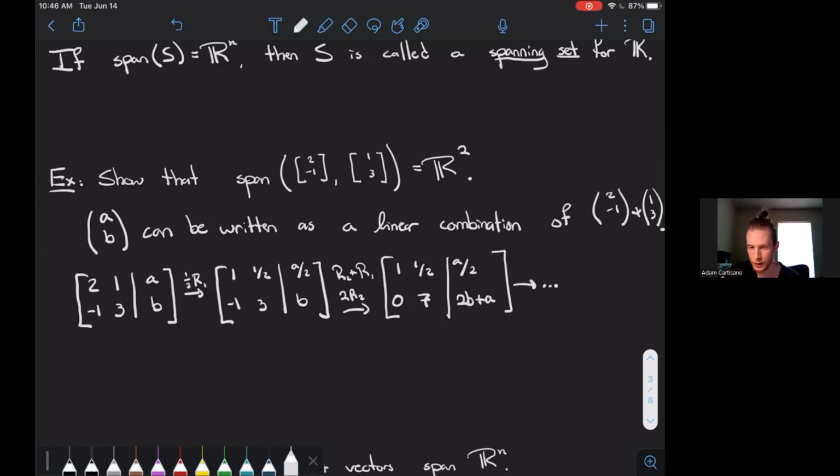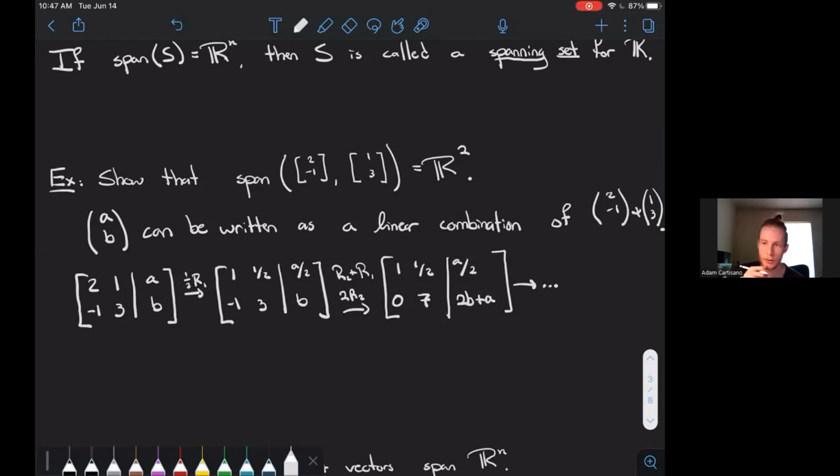We know the process for Gauss-Jordan elimination. We're going to have to divide the bottom row by 7, and then add -1/2 of the second row to the first row, and so on. And that's going to be some operation on these A's and B's.